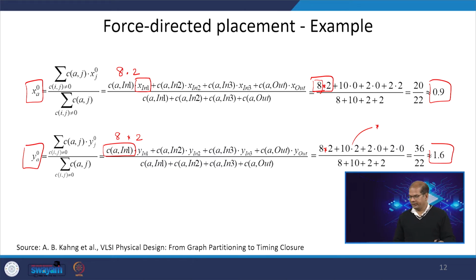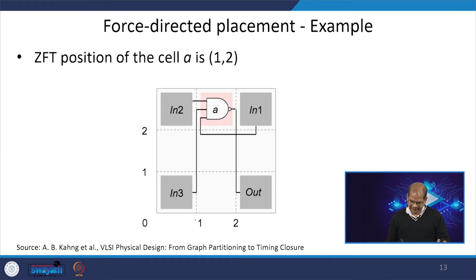Finally, we will get 20 by 22, which is found to be 0.9. If I do rounding up, then it will be 1, this will be 1 and this will be 2. So if I go to the location, my x coordinate will be 1 and y coordinate will be 2.